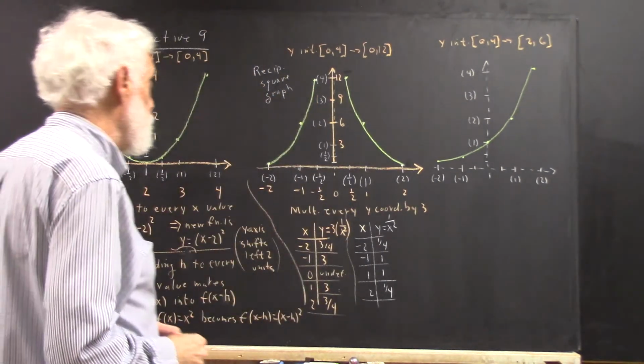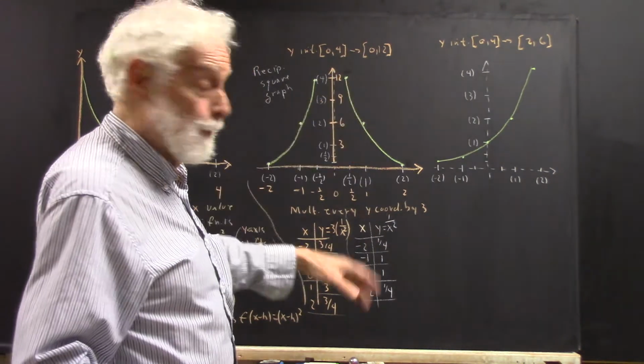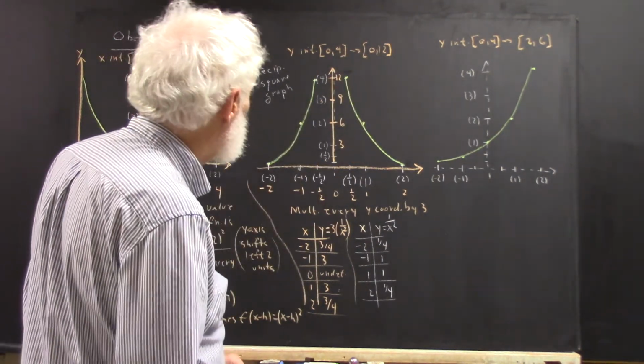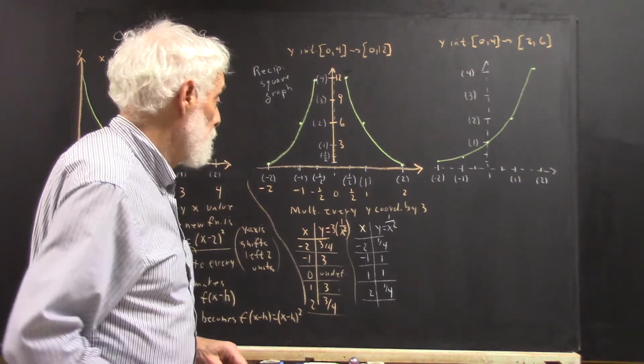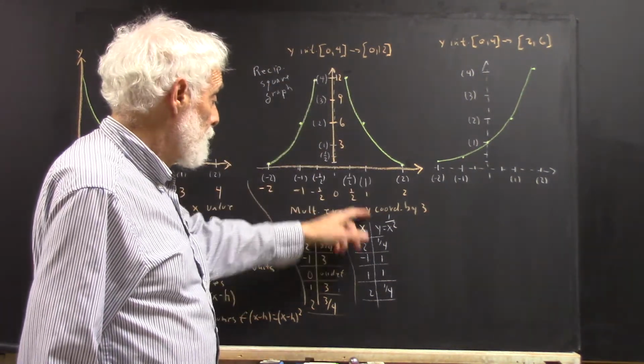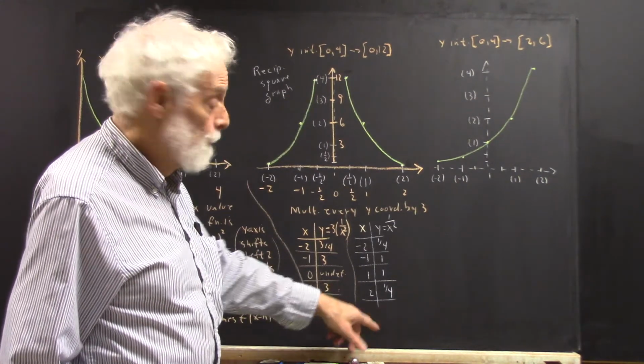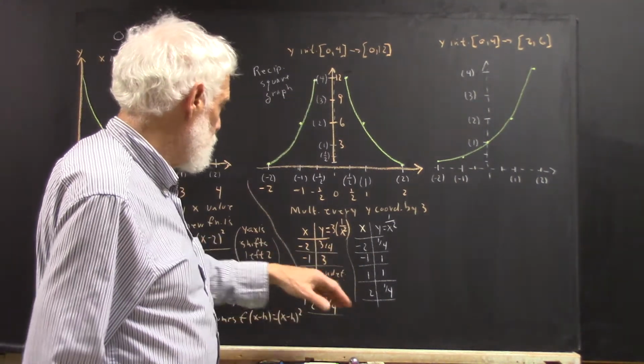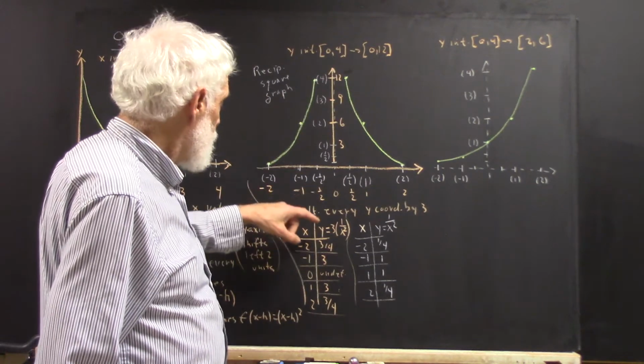So let's make sure this is clear. You should recognize this as the basic reciprocal square graph, having made it a number of times. In any case, the original graph was a basic reciprocal square graph, had this partial table, could have included the negative 1/2 and 1/2. Should have.